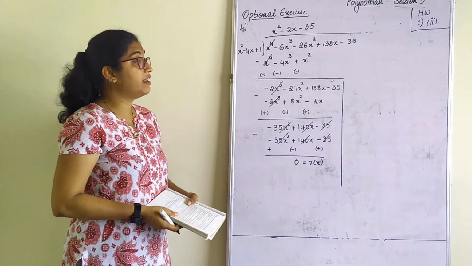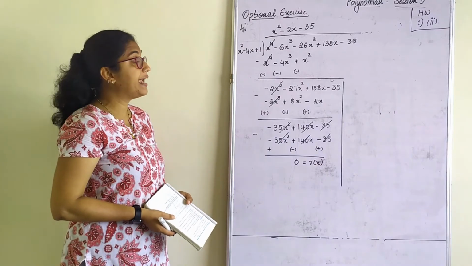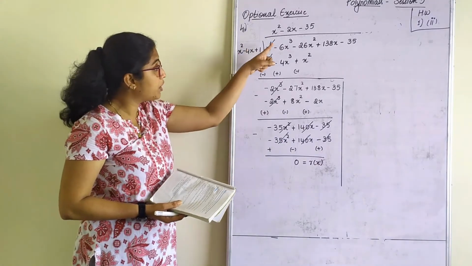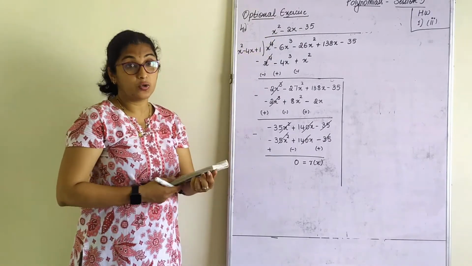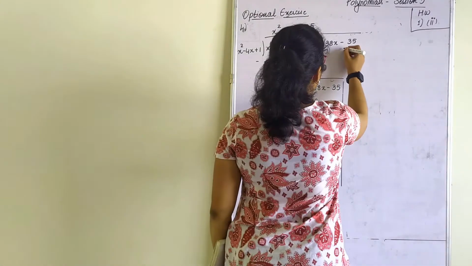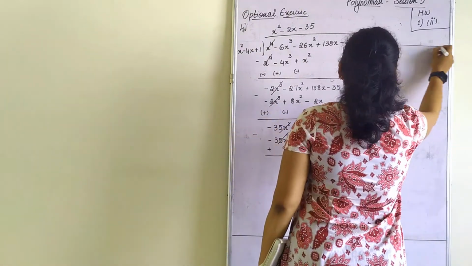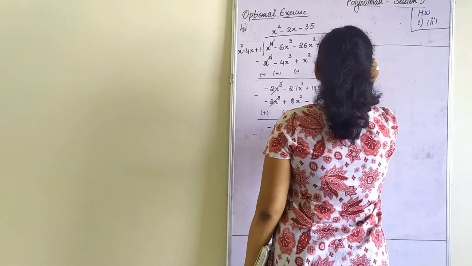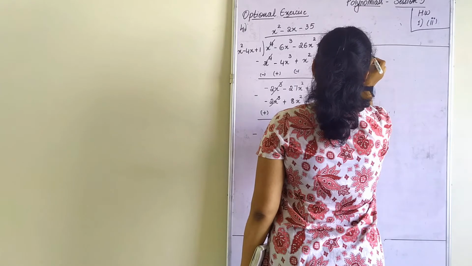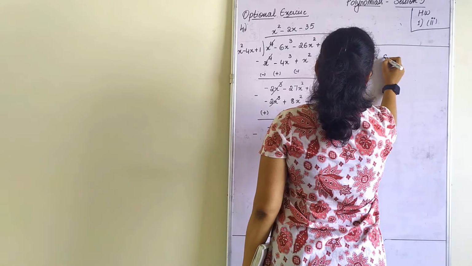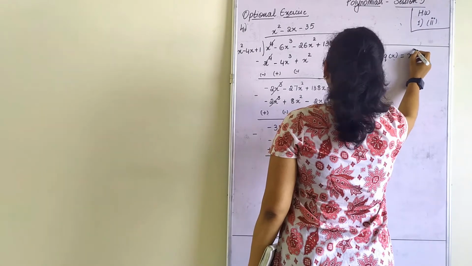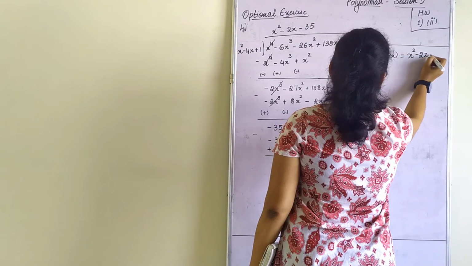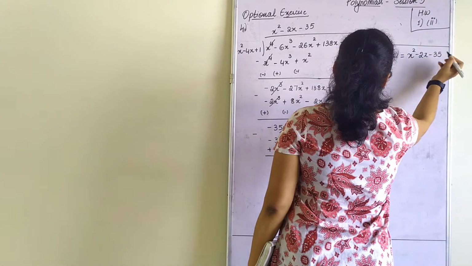Right? What's the last and final step? To find the factors of the given polynomial, since this divides completely, leaving a quotient here. So, last step, factorize q of x, that is equal to x squared minus 2x minus 35.